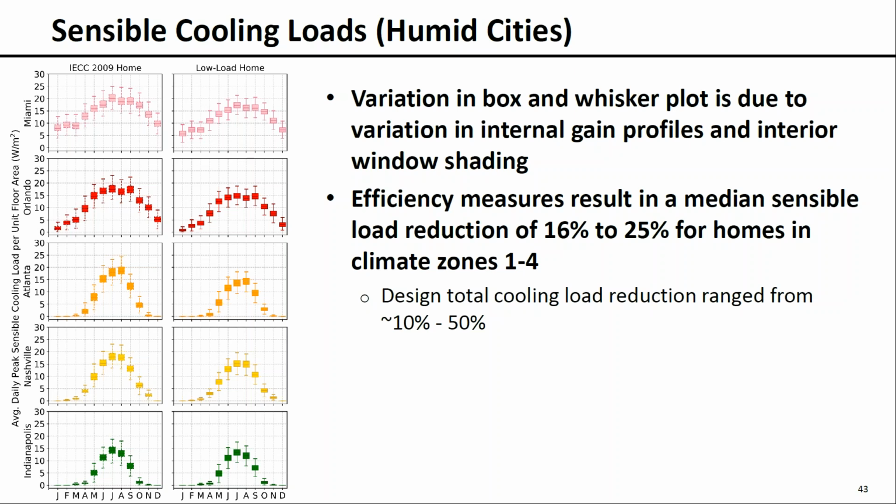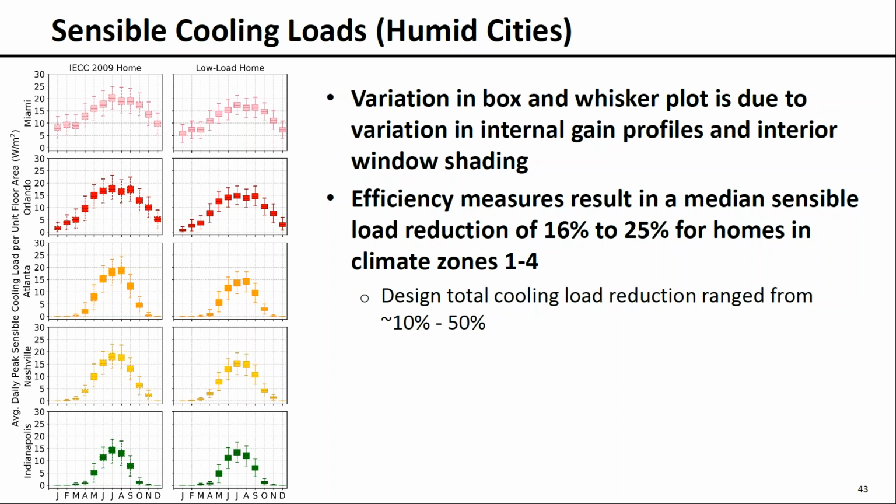Just to add some context, 20 watts per meter squared corresponds to about half a ton per 1,000 square feet, or for our house, 1.3 tons. You can see in the hotter climates, Miami and Orlando, this is a fairly typical sensible load in the summer months.